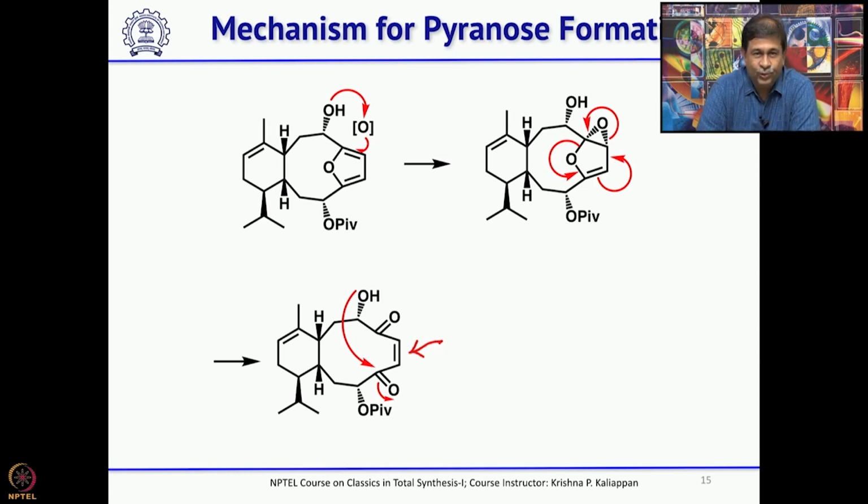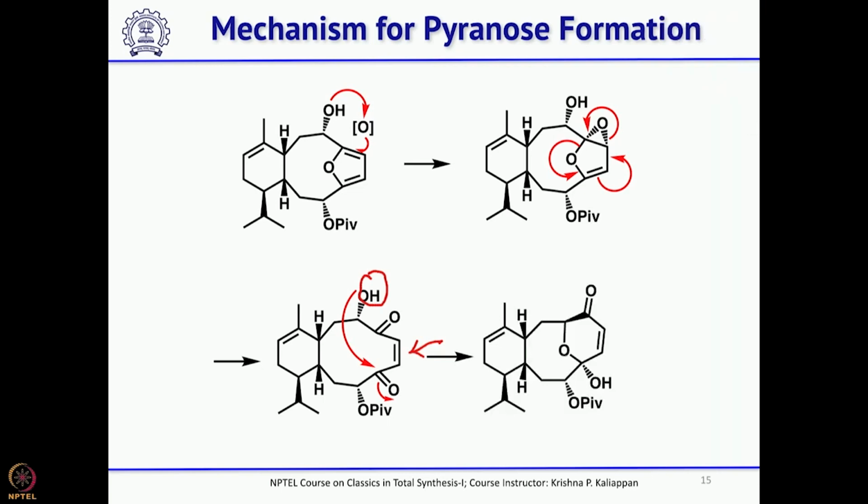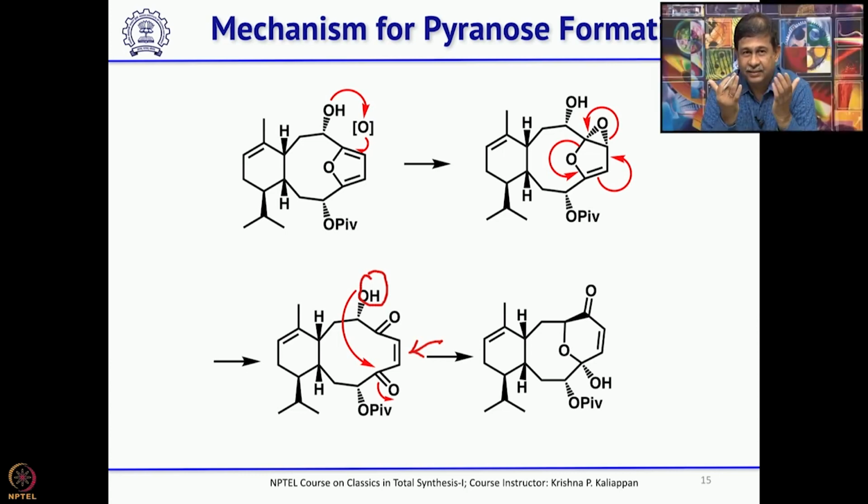Once this ene-dione is formed, then intramolecularly the hydroxyl group here will attack the ketone to form the 6-membered ring. Okay. So what you have done now, you have oxidized the furan ring, and while doing that it underwent a ring expansion reaction to form a hydroxypyranose.